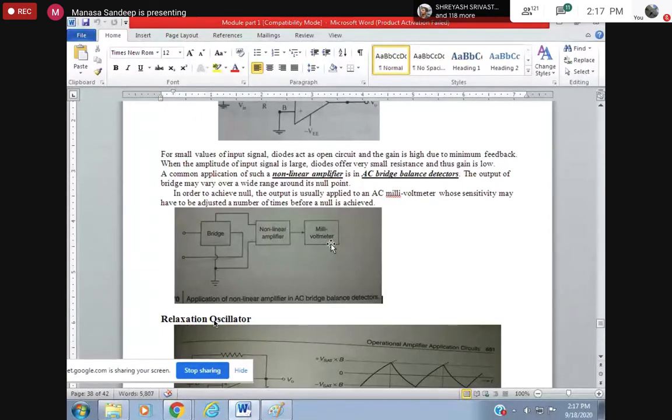It means that if too much voltage fluctuation is there, and you have high voltage here, this will be handled by the nonlinear amplifier and you will have a small output. This is the application of the nonlinear amplifier.